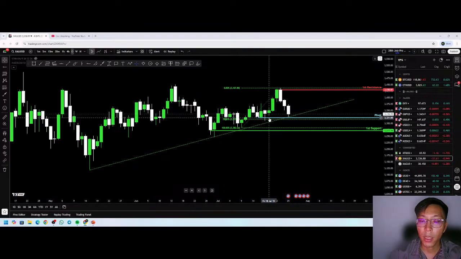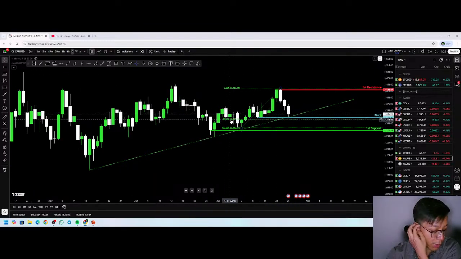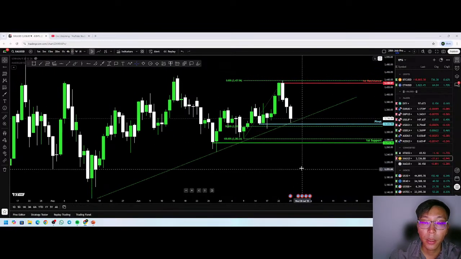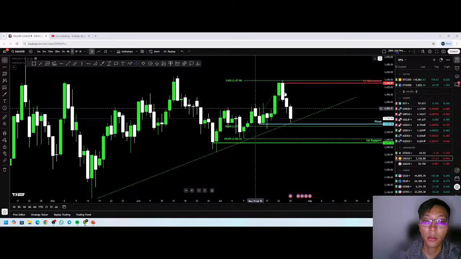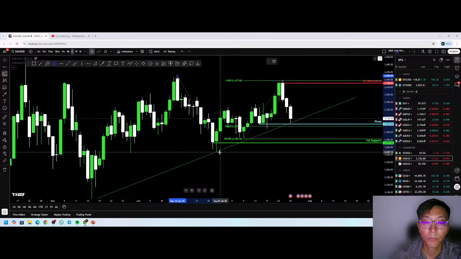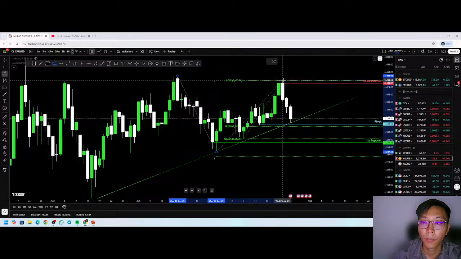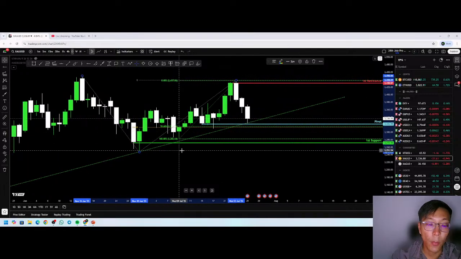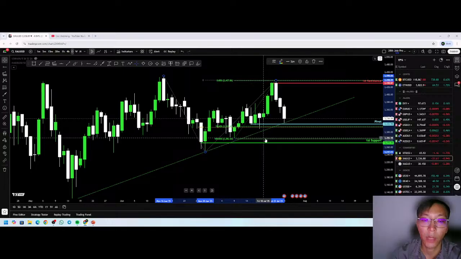Okay, and it aligns nicely with our 78.6% Fibo retracement level for our pivot point. Yep, as well as this 61.8% Fibo projection level over here.